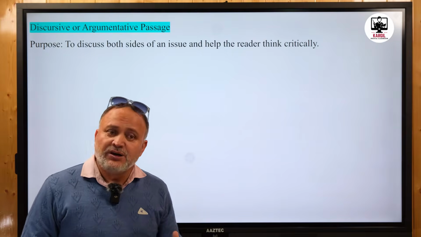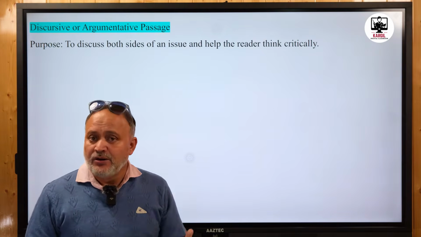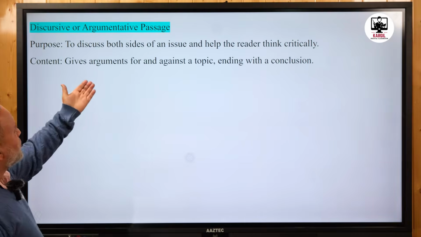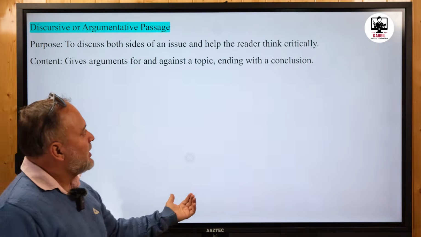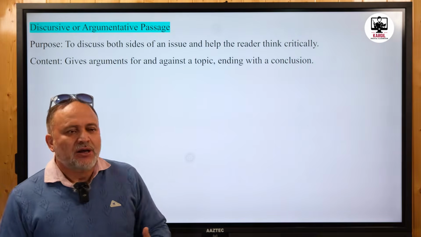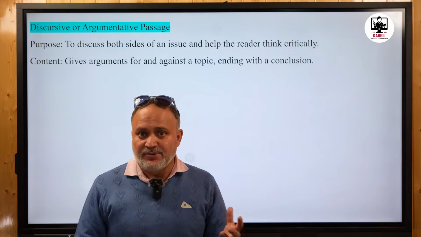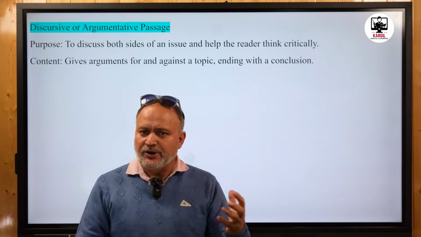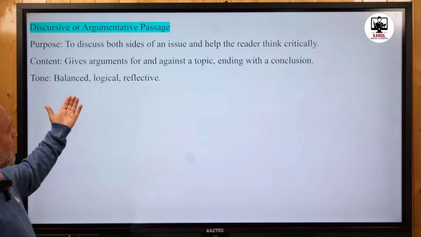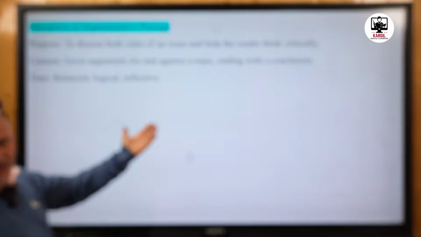So there can be an opinion, there can be an argument on this particular topic. It gives arguments for and against the topic, ending with a conclusion. One can say that at least both of them might be effective in a particular context. And then the tone: balanced, logical and reflective.